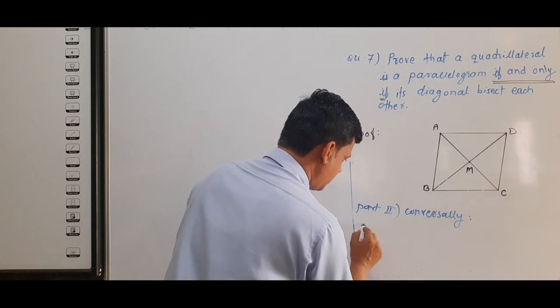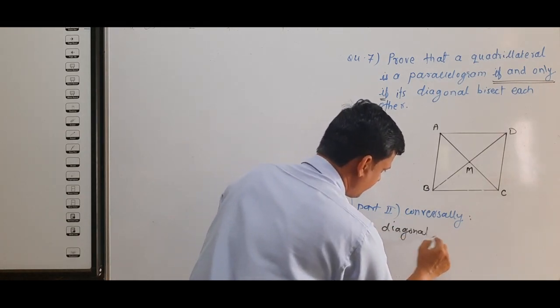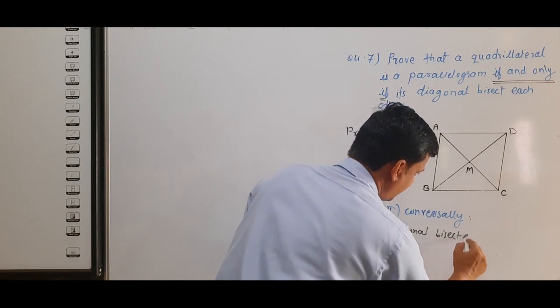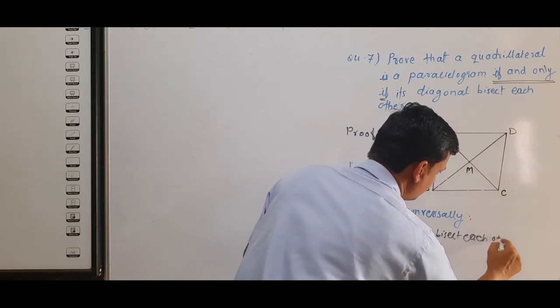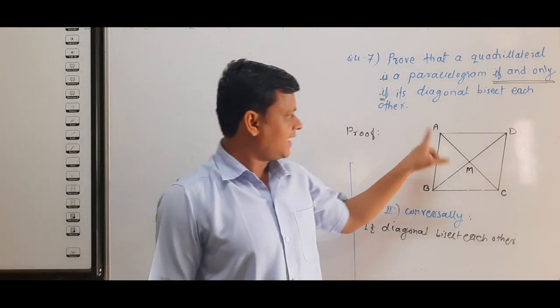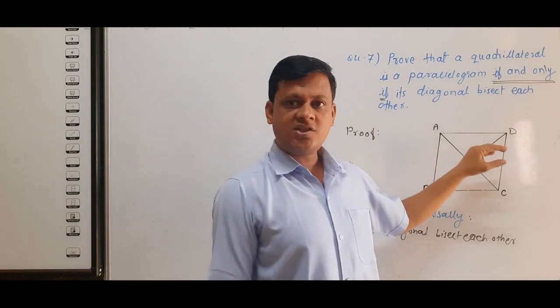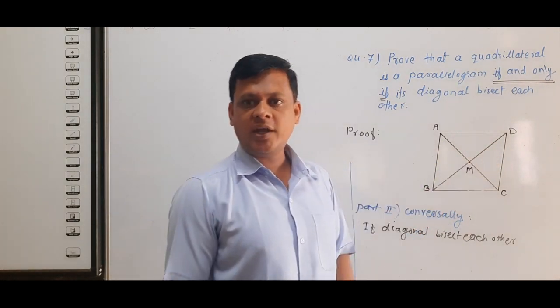Now the diagonals are AC and BD. Diagonals bisect each other, that means their midpoint is the same.